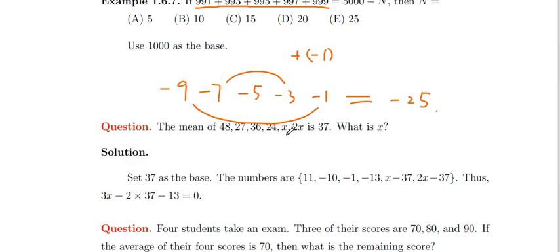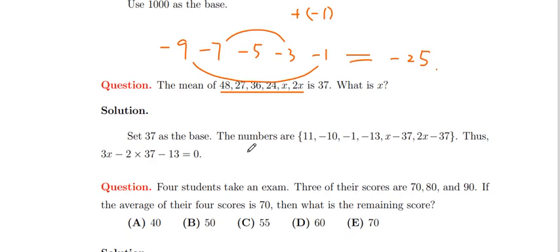Here the mean is 37. So what is x? To solve such a problem, we can use the usual way: add them up, the average is 37, and solve this equation to find x. But we can also set 37 as the base, changing those numbers so the average is 0.